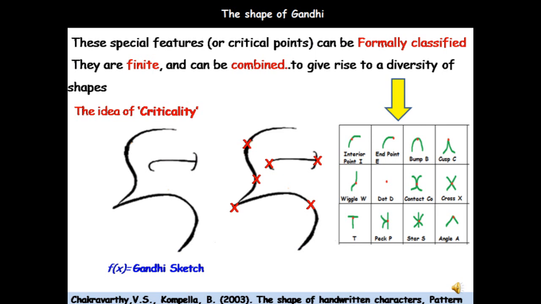They are finite because there are just 12 of them. They can be combined to give rise to a diversity of shapes. For example, the shape of Gandhi itself is a combination of interior point, end point, a bump, and a cusp which is the sharp inflection. So global shape is a composition of local shape features.